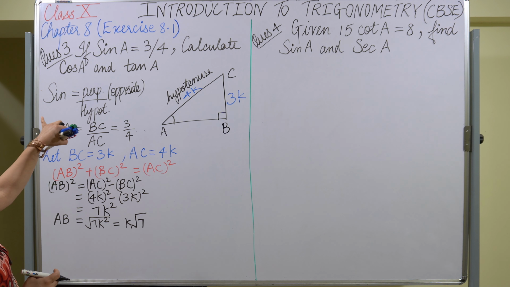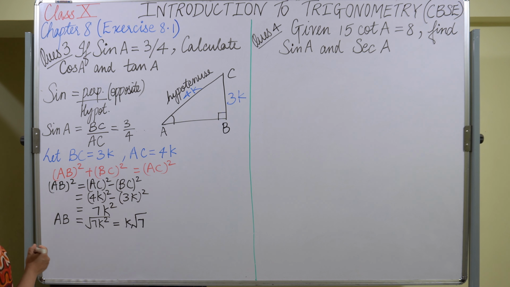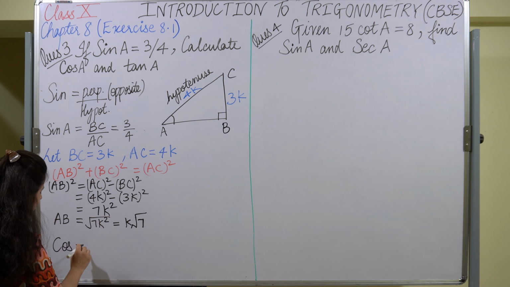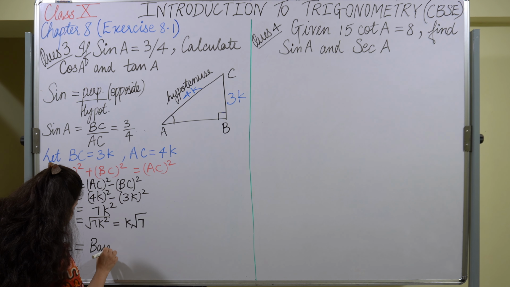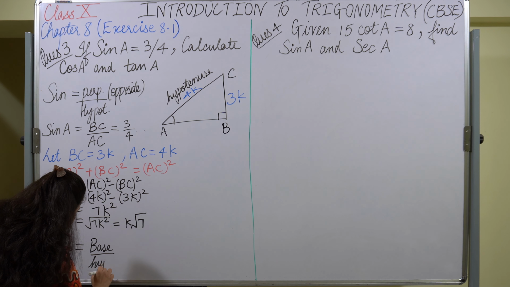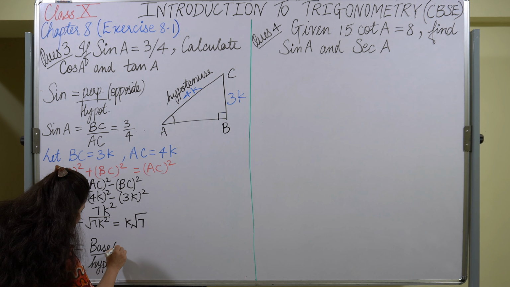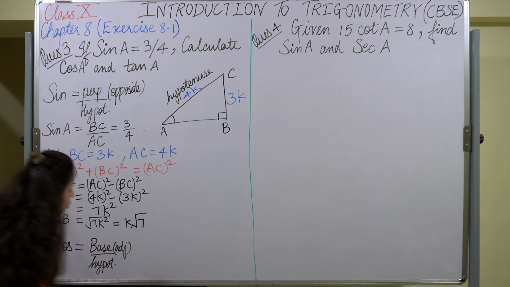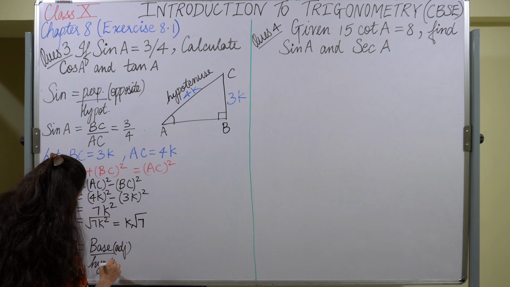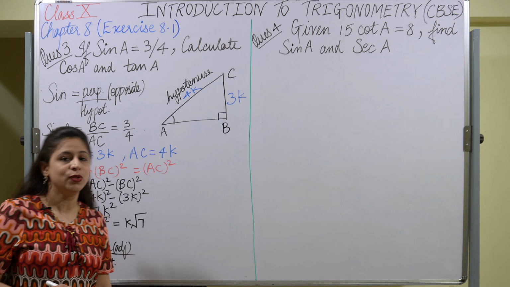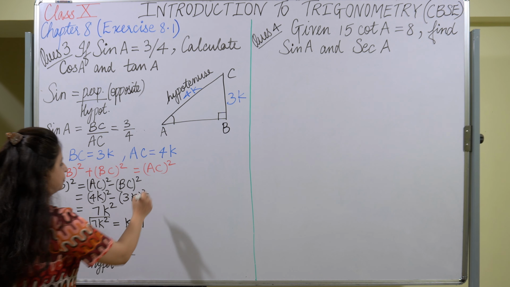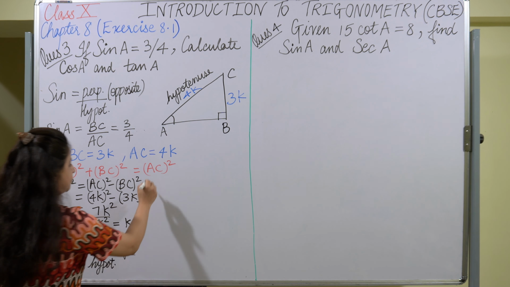Now we need to find the value of cos A and tan A. Cos is always given by base upon hypotenuse. Base is the adjacent side, so you can also write the adjacent side upon the hypotenuse. Hypotenuse is the longest side. So for cos A, the base is AB, and the hypotenuse is AC.